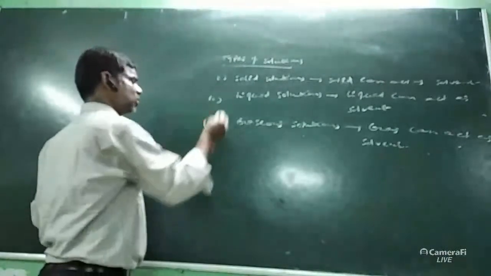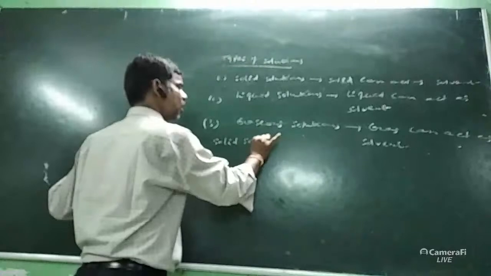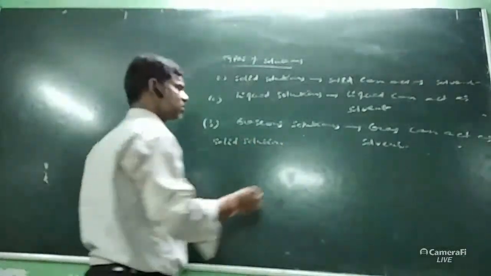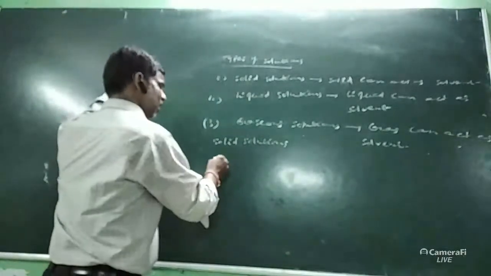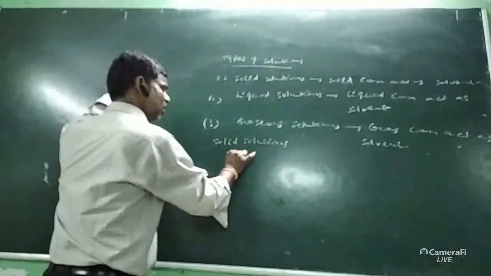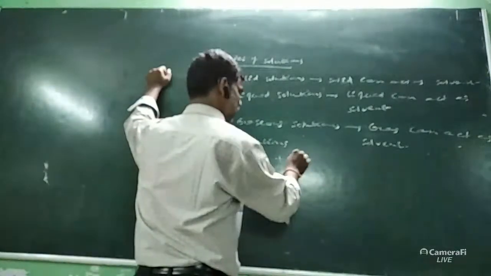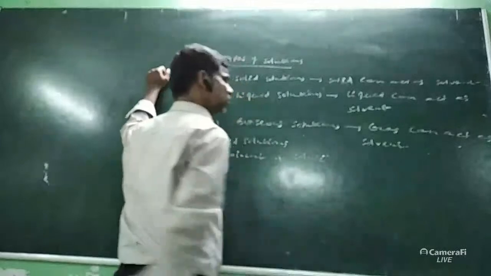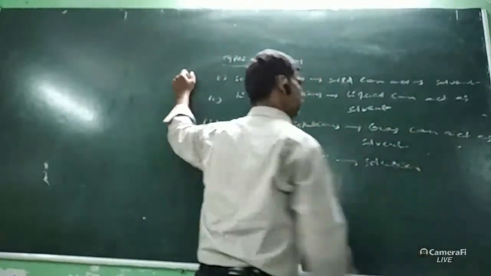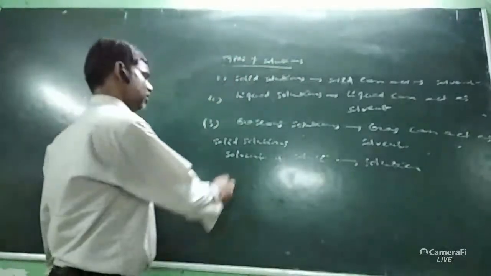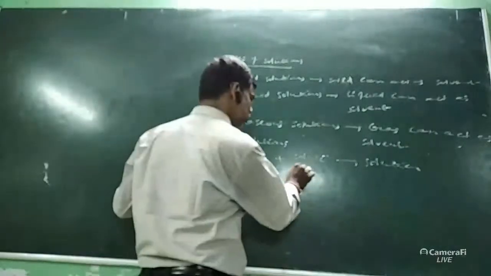And we have the solid solutions, again three types. Remember that solvent plus solute is nothing but solution. Here the solvent is solid and the solute is also solid.